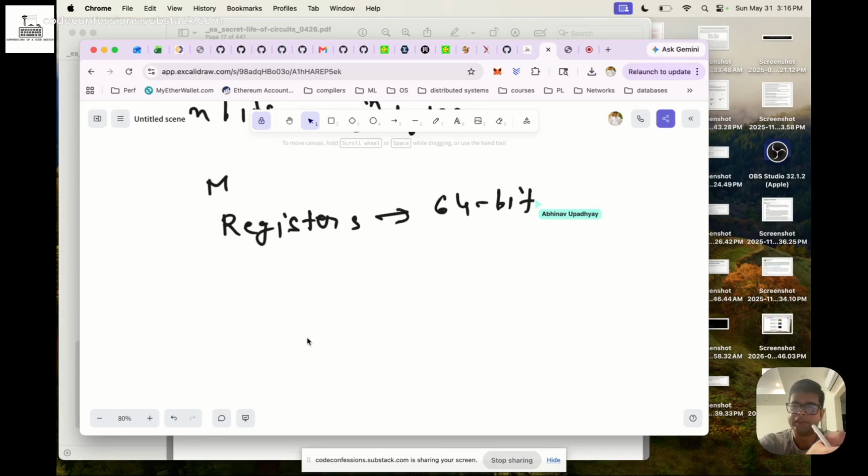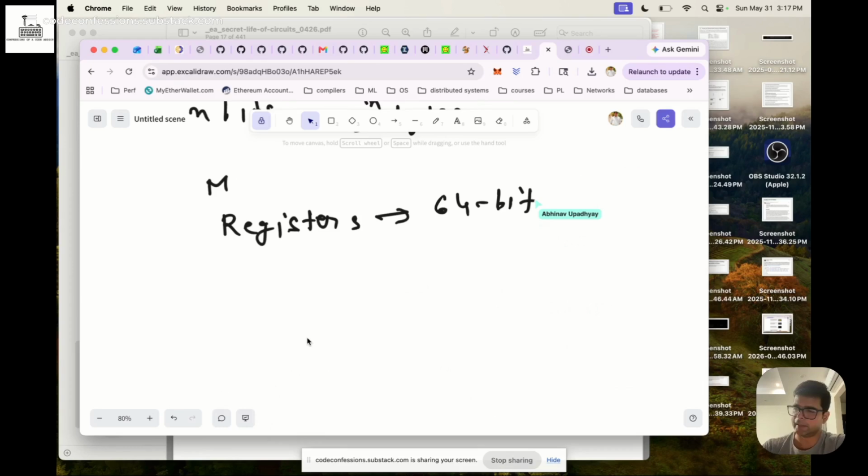The processor will go and read the address from the register itself. If the address doesn't fit in a register, then it's a problem. Which is why the maximum size of a virtual address on 64-bit hardware can be 64 bits. So that is the maximum.